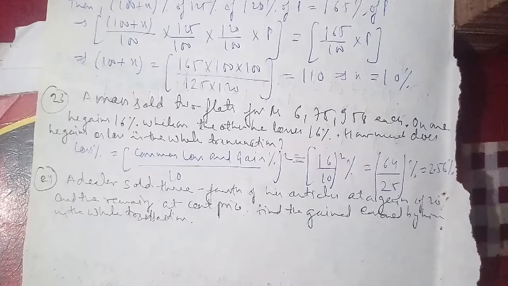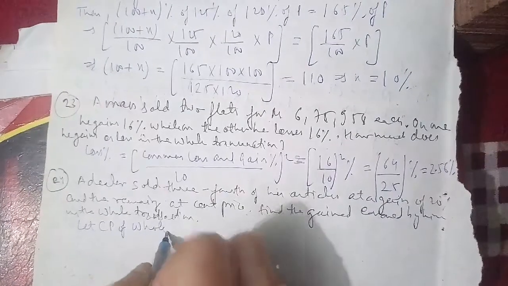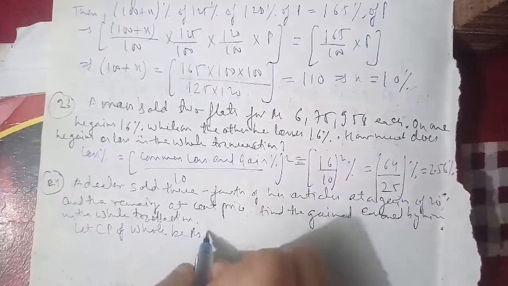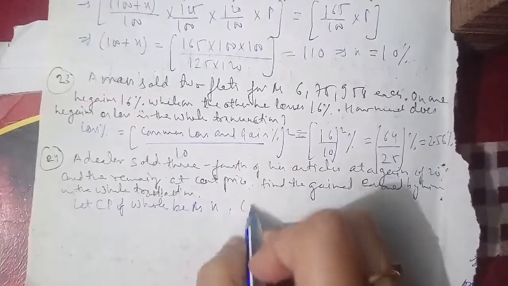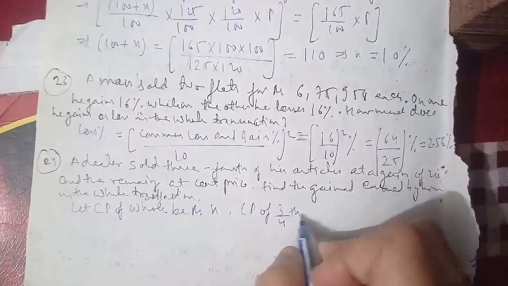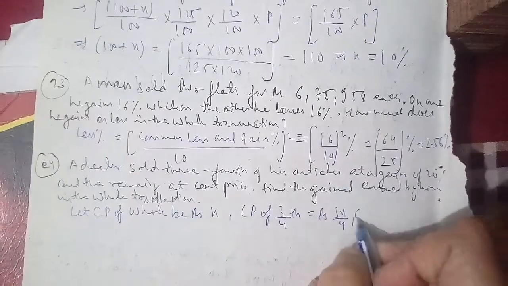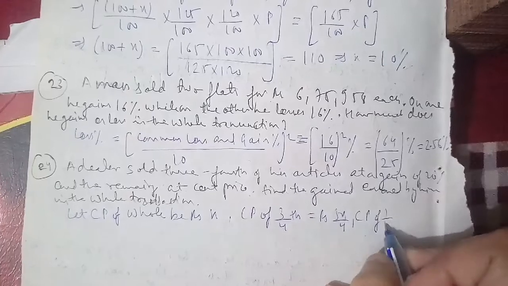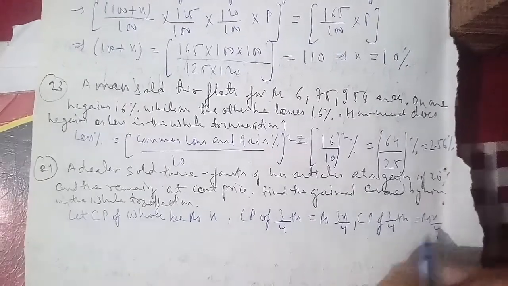So let CP of whole be rupees x. CP of 3/4 equals rupees 3x upon 4. CP of 1/4 equals rupees x by 4.